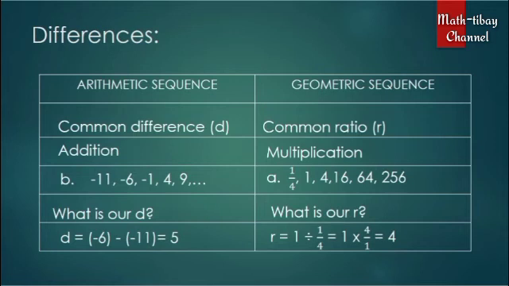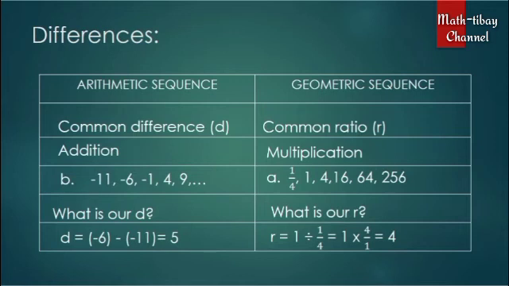Doon naman sa A, we have 1/4, 1, then 4, then 16. Tingnan mo, naging 16 yung kasunod na 4. So, ibig sabihin, maaaring minultiply siya. Ano kayang number yung minultiply doon?